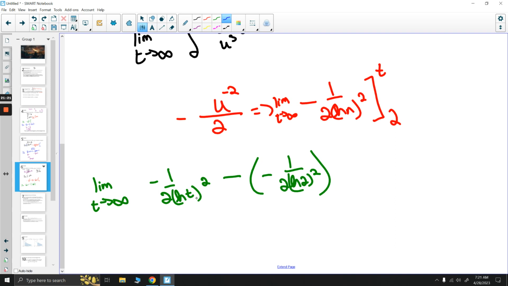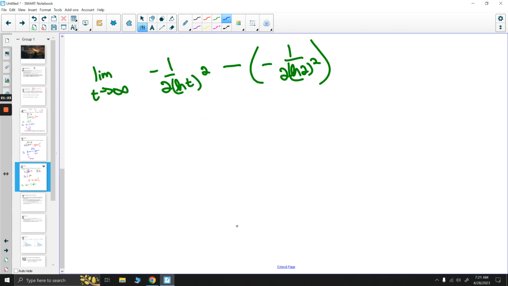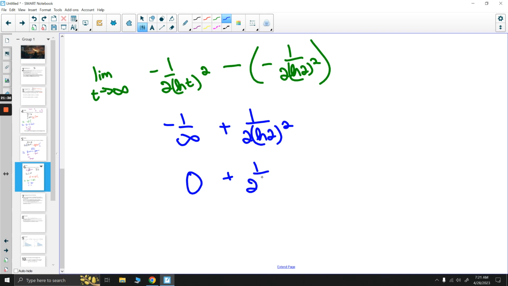Squared, infinity. 2 times infinity squared is infinity. So we have -1 over infinity plus 1 over 2 natural log 2 squared. Okay, this is 0. And so we get 1 over 2 natural log of 2 squared. So thus it converges by the integral test.